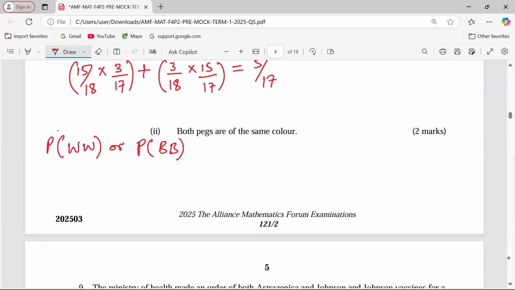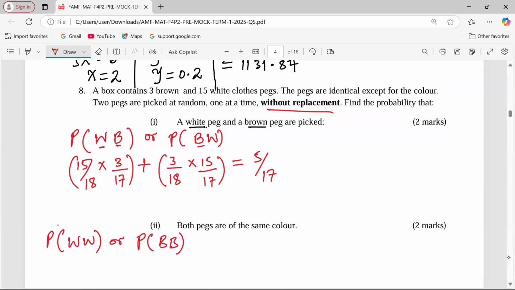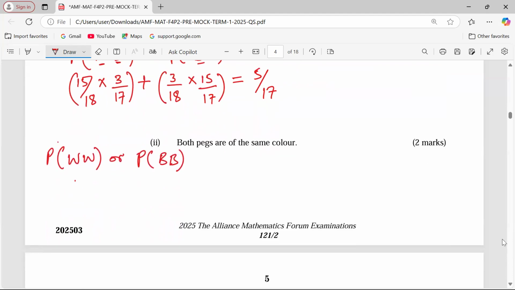Therefore, picking white, according to the information that we have, whites are 15. So picking white is 15 over 18. But because you didn't replace, picking white in the second round of picking, we go down to 14 out of a new total, which is 17.